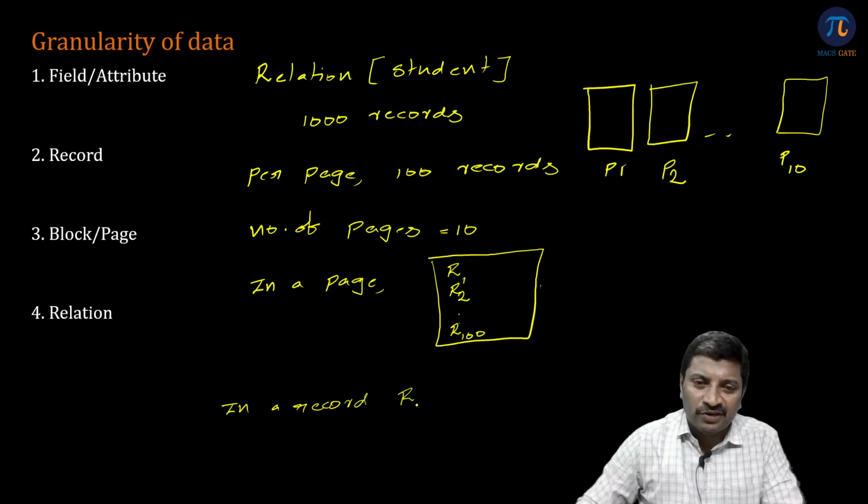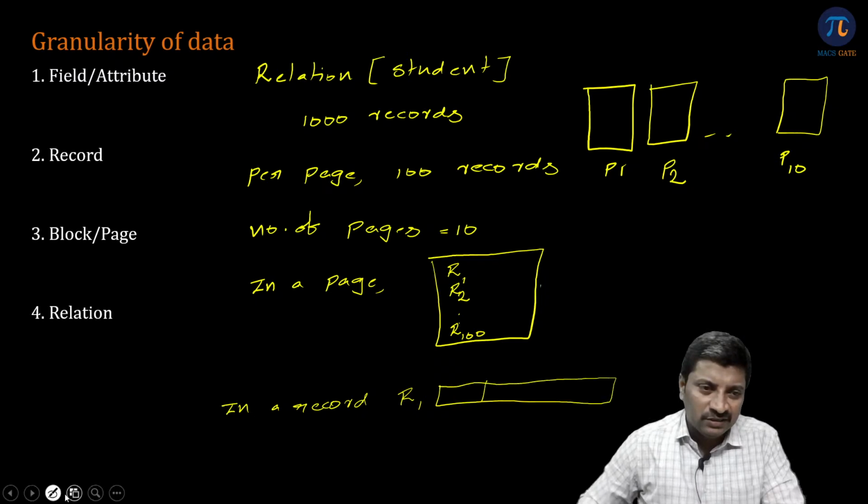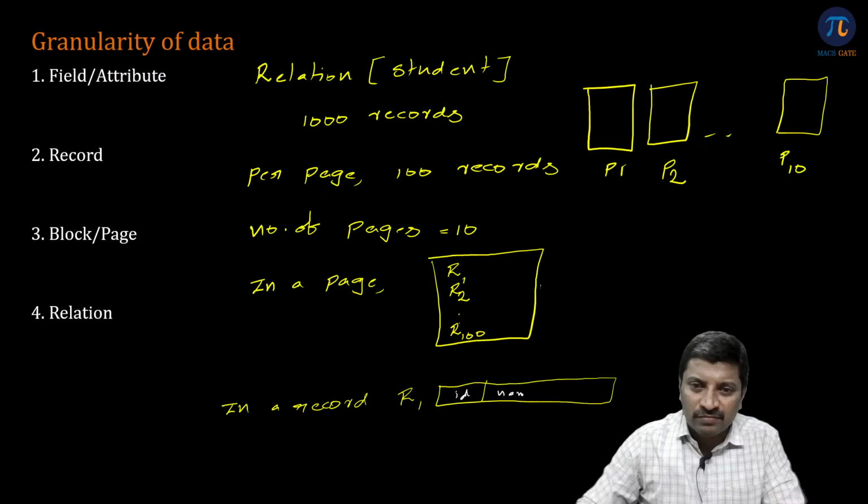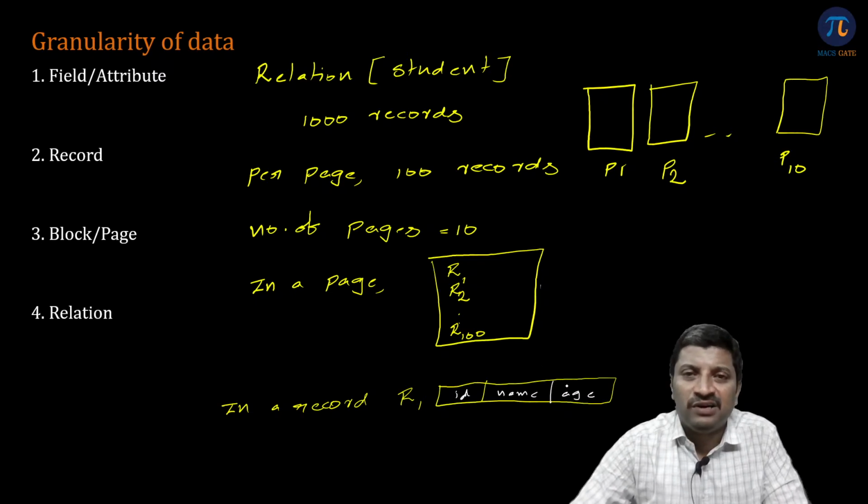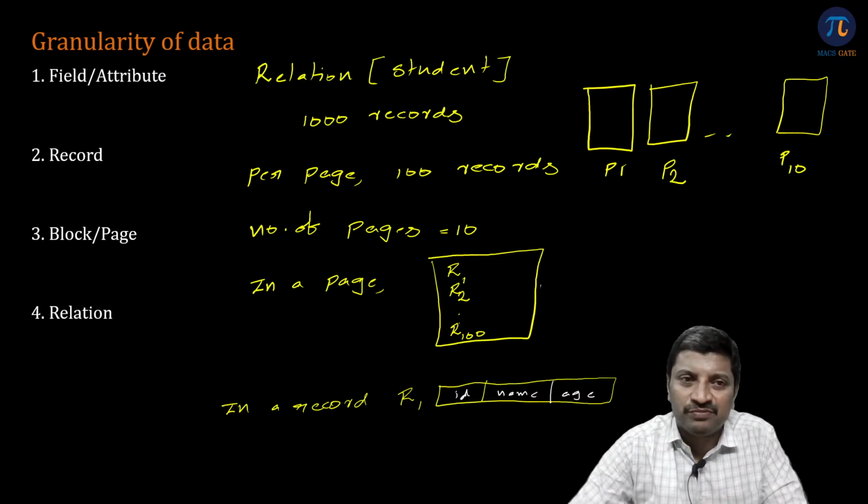In a record, I may have so many fields like ID, name, age. So these are the levels of data which we can view in the database, right?